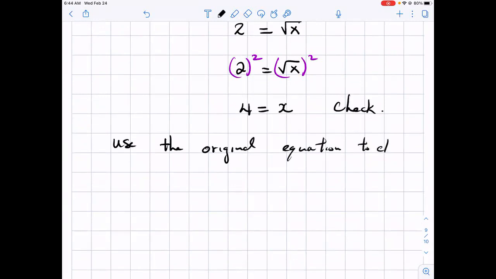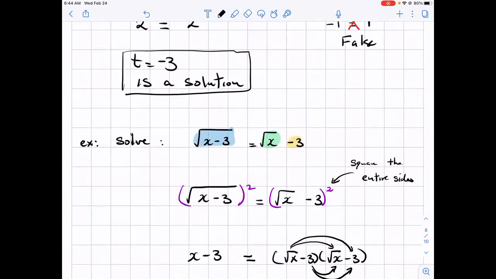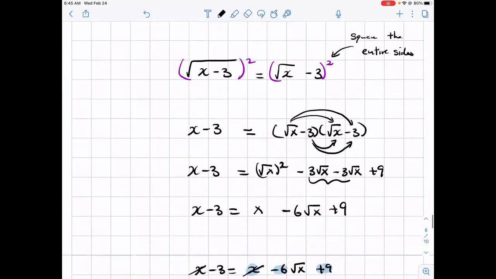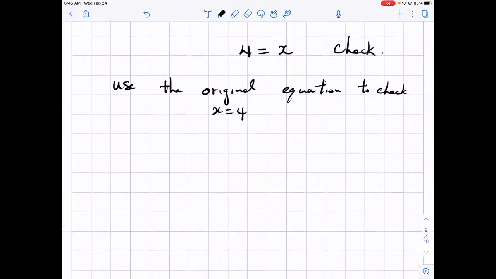Check if x equals 4 is a solution. So we have to go back and check from the original equation. This equation here is the original equation, okay? So is the square root of x minus 3 equal to the square root of x minus 3 when x is equal to 4? So the original equation we see is the square root of x minus 3.